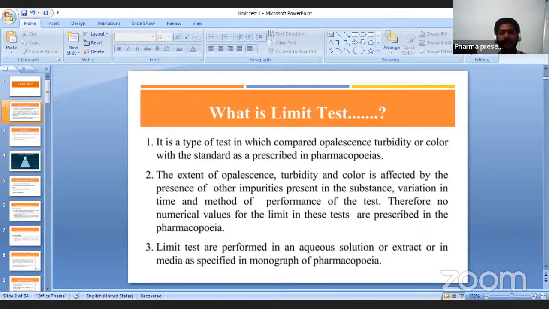So here you can see the stepwise procedure, pasted across different test tubes. We'll be taking 2 Nessler cylinders. In one we'll take our test, in the other we'll take our standard. Then we will add 2 ml of 20% citric acid, then 2 drops of thioglycolic acid.